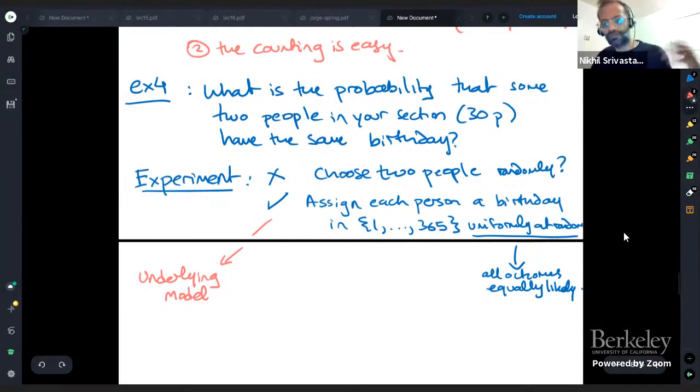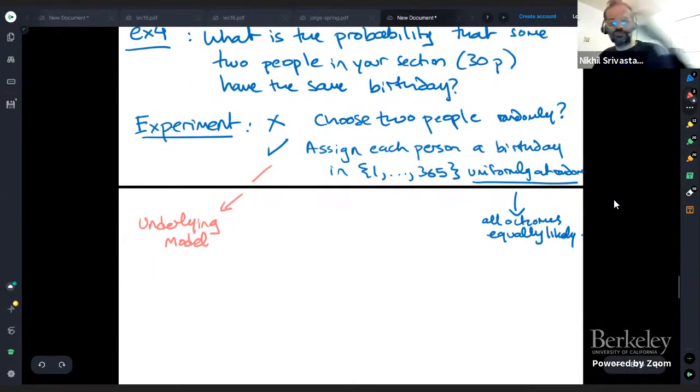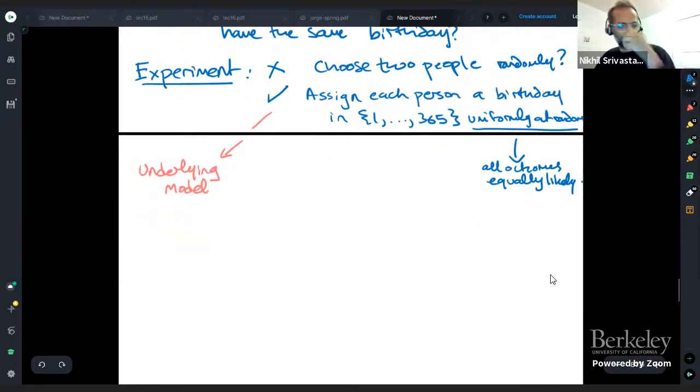And this comes from somewhere, right? This is part of setting up the problem. Okay, so let's assume you have 30 people in the section and each person has a random birthday. I don't actually know if that's true. I think it's not quite true, but something like it is true. What's the probability that 2 people have the same birthday? So that's the experiment. So now what's the sample space?